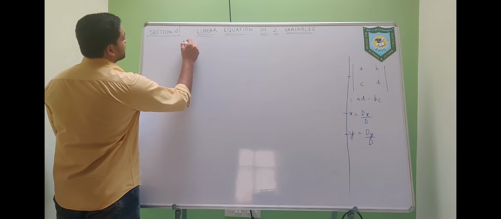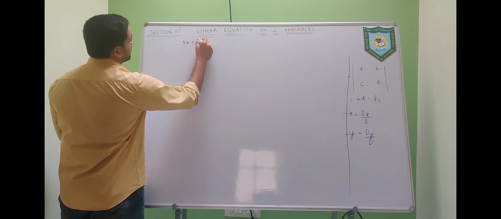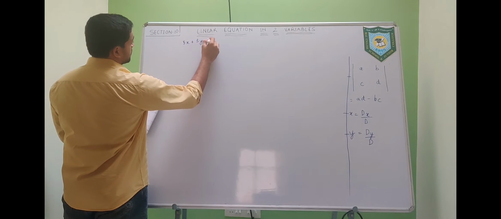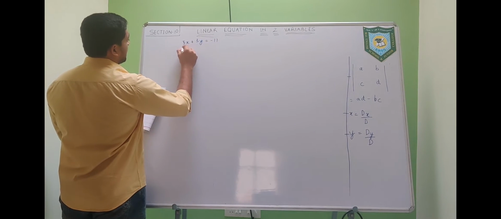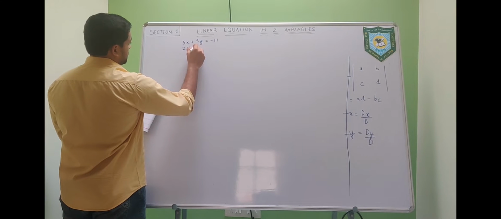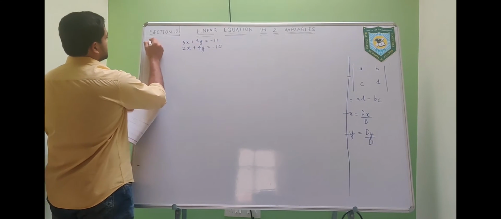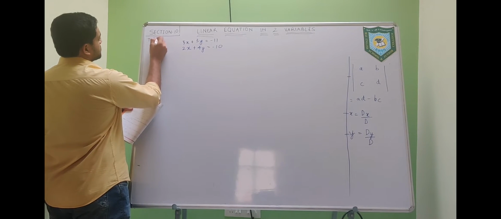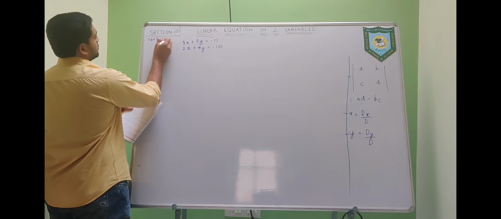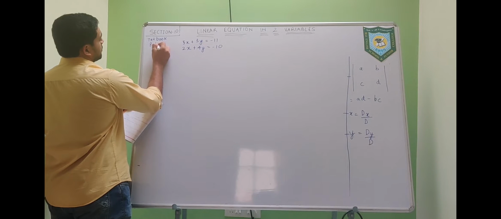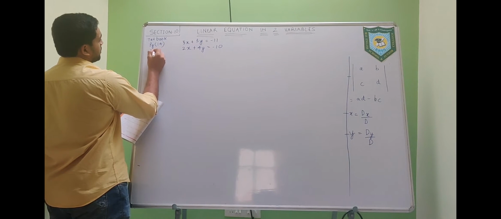So I have 5x plus 3y is equal to minus 11, and I have 2x plus 4y is equal to minus 10. This is from the textbook, page number 14, example number 1.